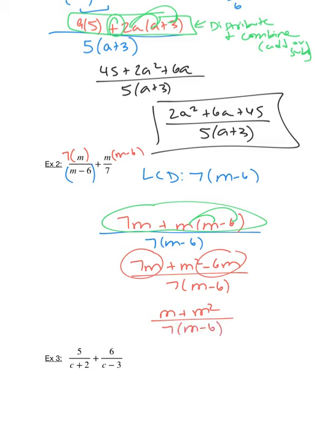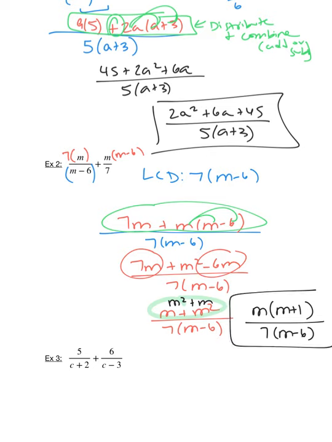You notice that there's a GCF here. I can factor this. And actually this should have been reorganized to be in standard form, m squared plus m. So it'd be m times m plus 1 over 7 times m minus 6. And this is my final answer in factored form.